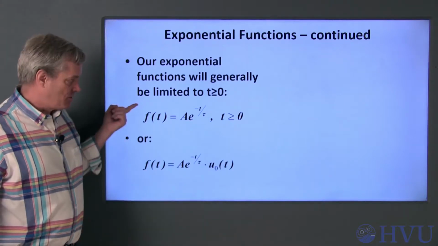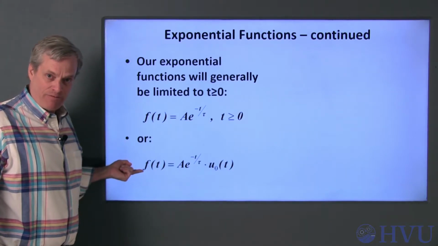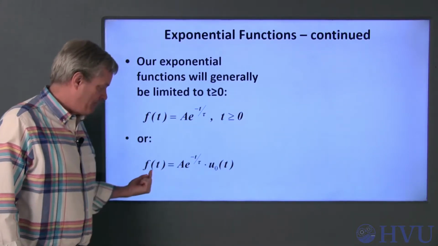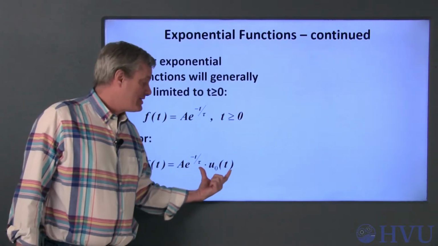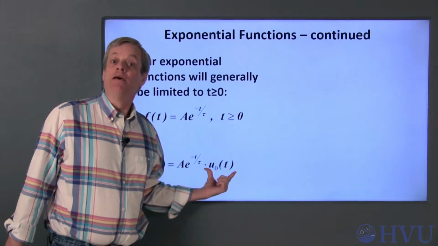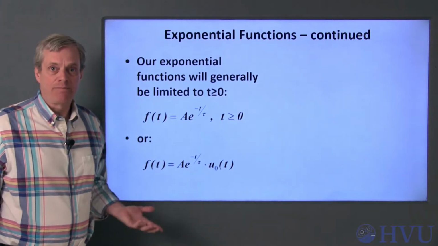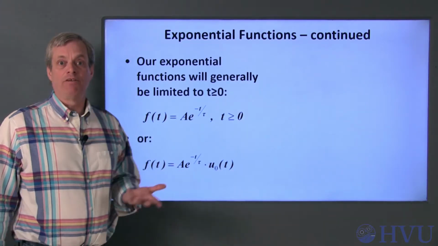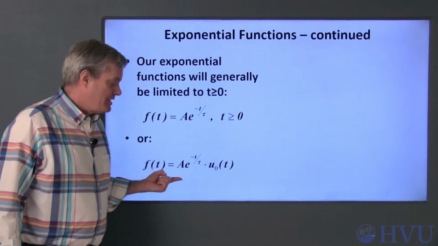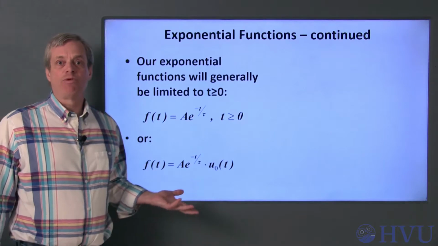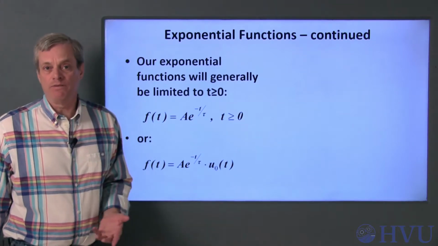This function can also be represented in terms of the unit step function. The appropriate function is f of t is equal to a times e to the minus t over tau times u0 of t. The u0 multiplies the exponential by 0 for time less than 0 and by 1 for time greater than 0. So the desired behavior is recovered without having to define a piecewise function.